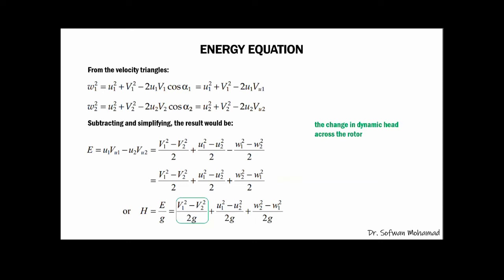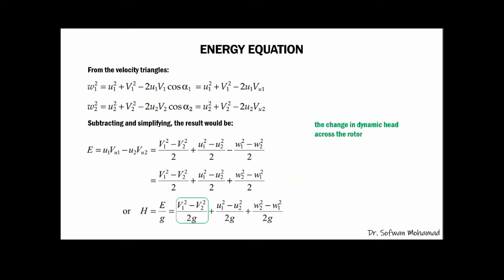Wherein most of the energy change is due to the absolute kinetic energy change in the form of impulse action on the blades. So even though a reaction turbine is a reaction turbine, it also has some sort of impulse energy being used. A well-designed power producing machine would have minimal exiting kinetic energy head, which we have already discussed in steam turbine.